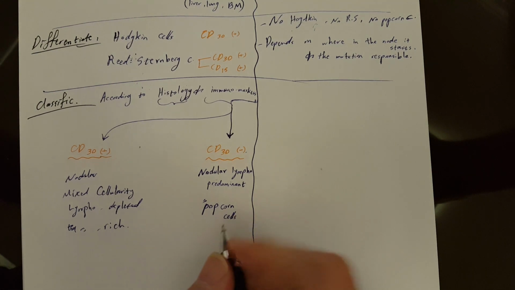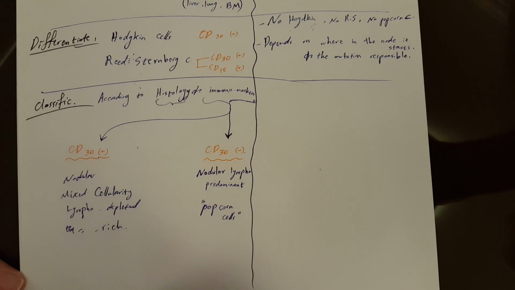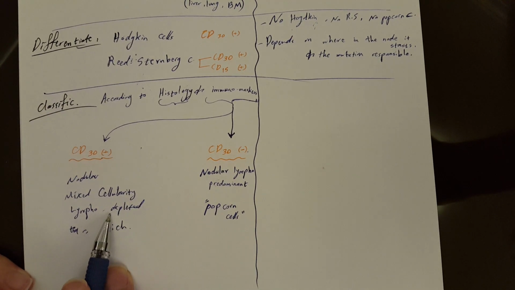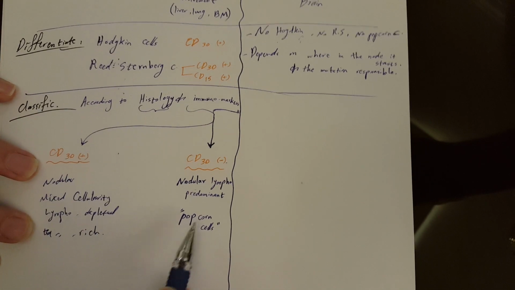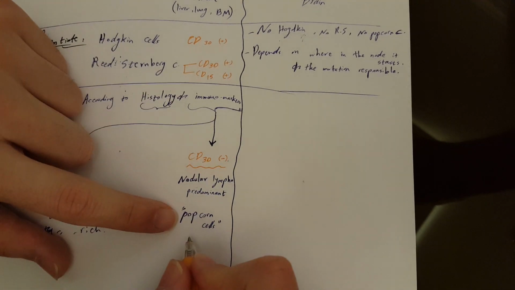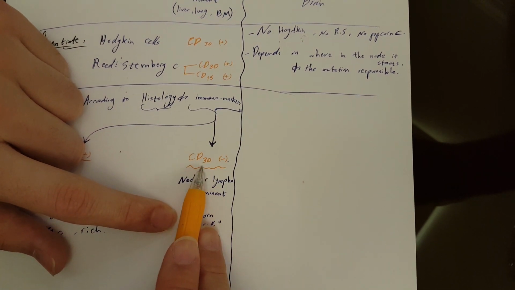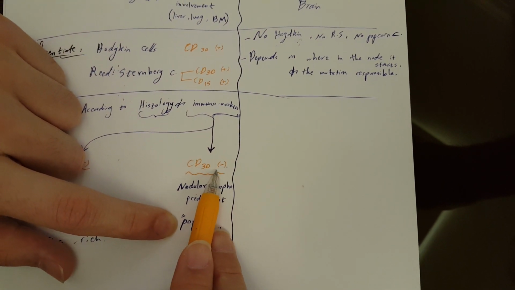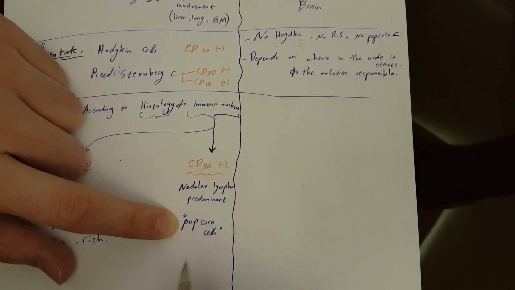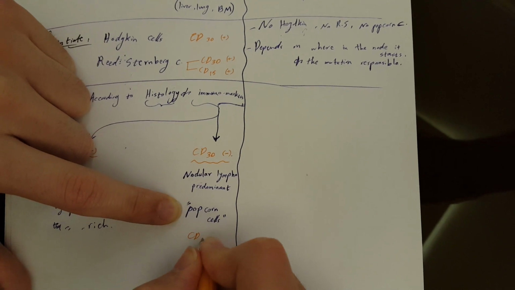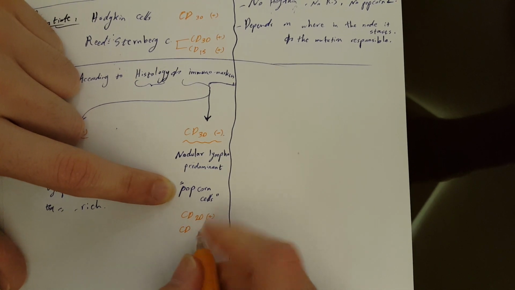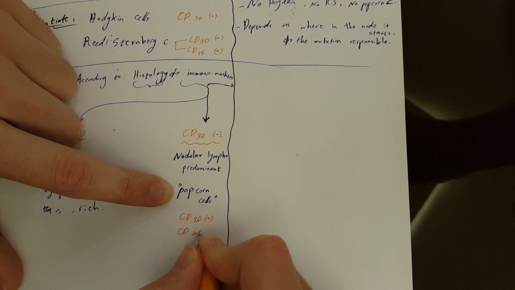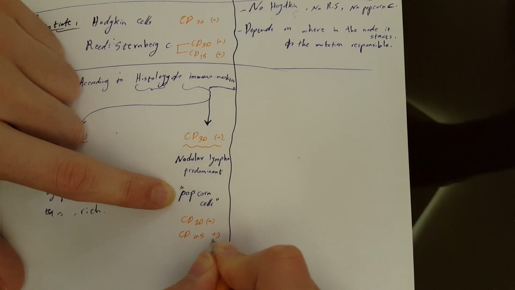Popcorn cells, rather than the Hodgkin and Reed-Sternberg cells. What are they characteristic of? We know that they're definitely CD30 negative, which is one clue. And the second is that they are CD20 positive and CD45 positive.